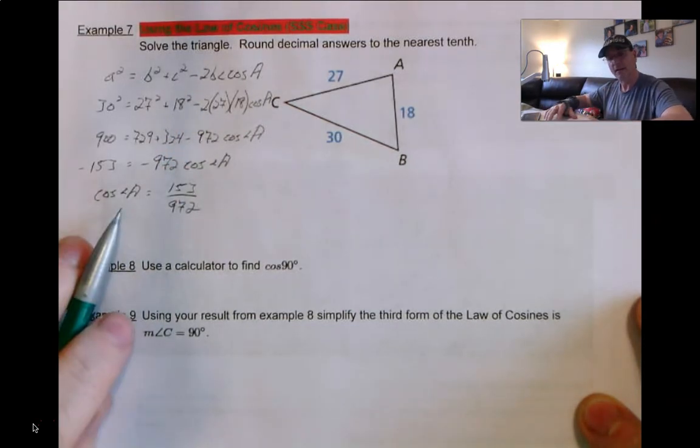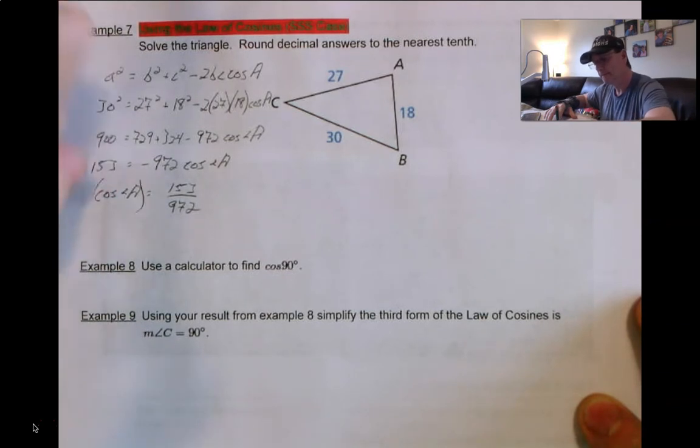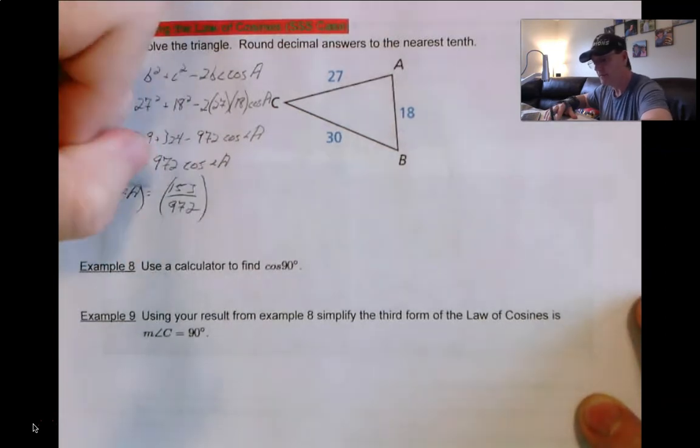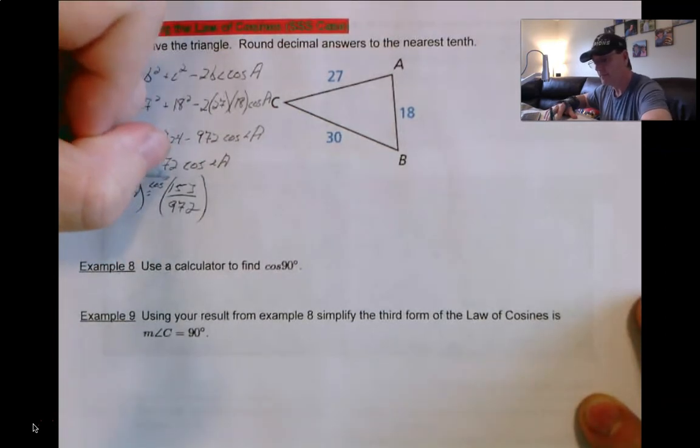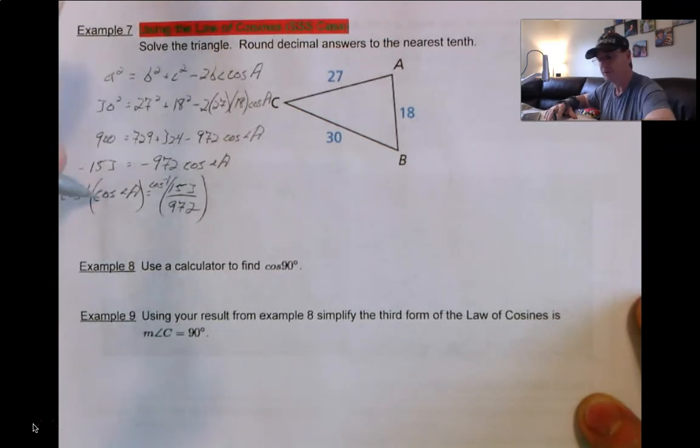I want to know what angle A is. Inverse cosine, cosine inverse, both sides. Cosines cancel on the left.